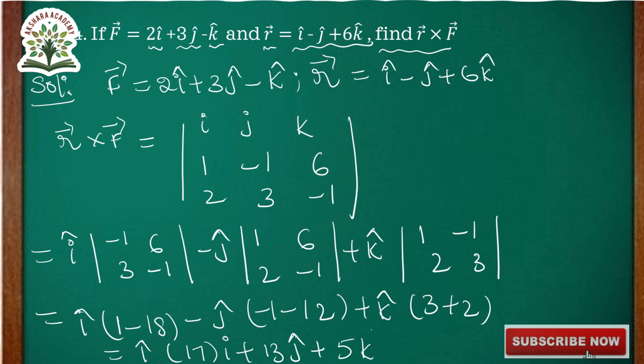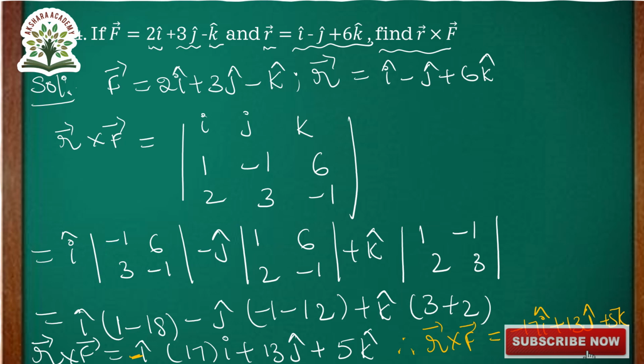5k cap. So this is the final answer for r bar cross f bar. Therefore the final answer is r bar cross f bar is equal to minus 17i cap plus 13j cap plus 5k cap.